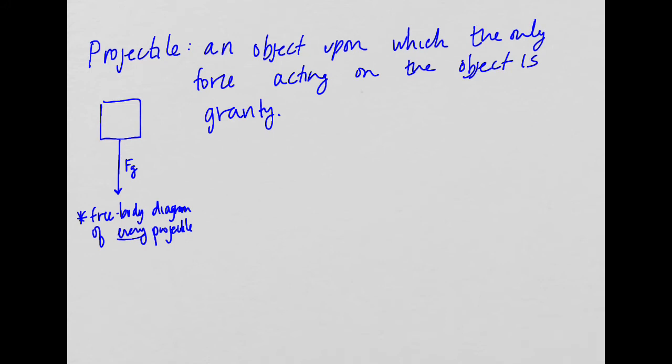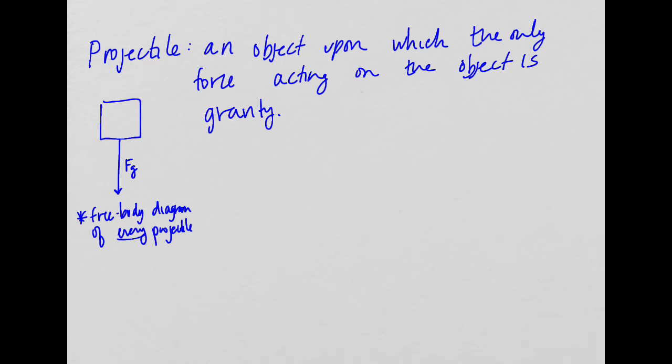So what about an object that is falling and experiencing air resistance? Well, then that's not a projectile, because air resistance, remember, is a type of force, and it's pushing back up on the object in the opposing direction of gravity. So by definition, an object that has air resistance cannot be a projectile.